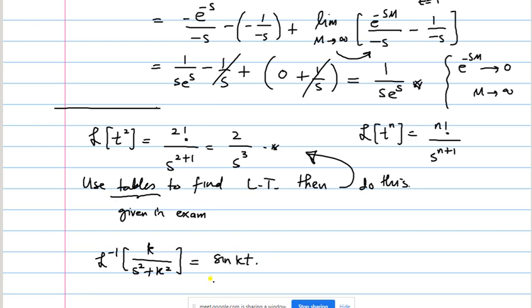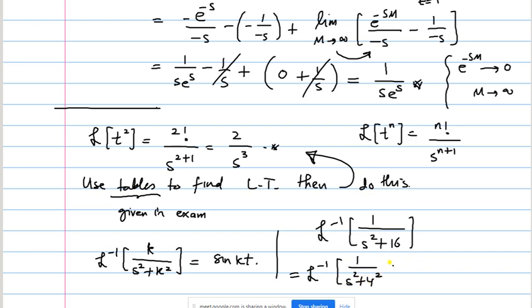But if I ask you for the Laplace inverse of 1 over s squared plus 16, then I have to rewrite it as 1 over s squared plus 4 squared, since 16 is 4 squared. Since k is at the top as well, I need this 4 at the top. If you multiply by 4, I have to divide by 4 outside. So 1 by 4 remains outside, and this becomes sine 4t.